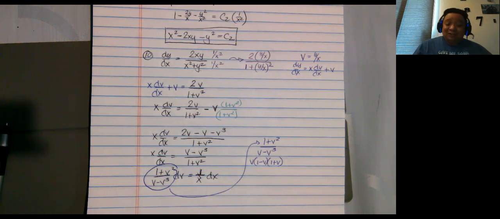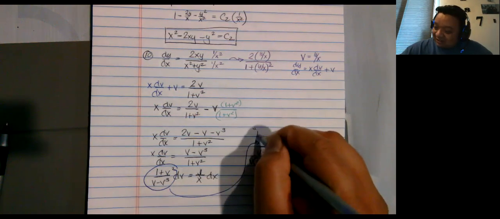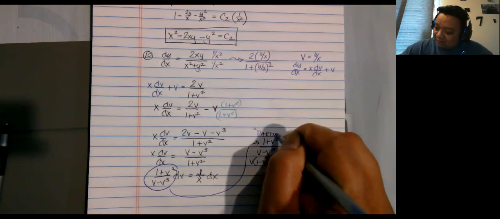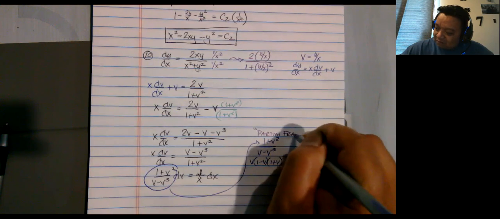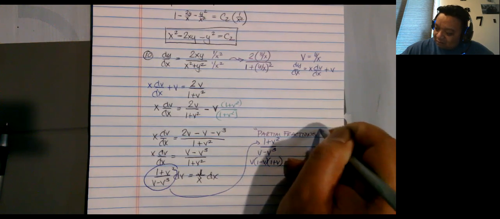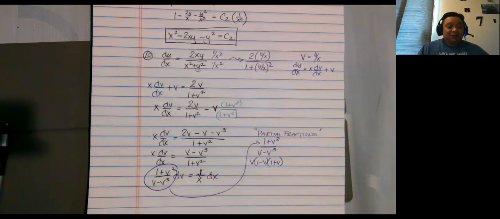The reason why we're not doing it is because I know I'm not going to ask it on the test. The answer is partial fractions. Since the denominator factors, I can do partial fractions on this one.